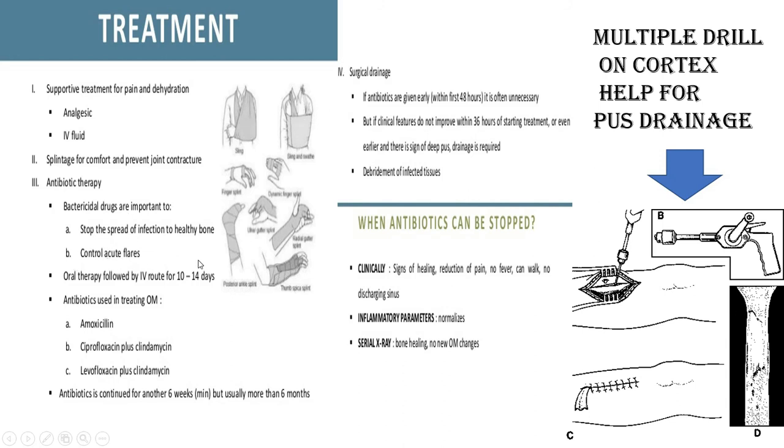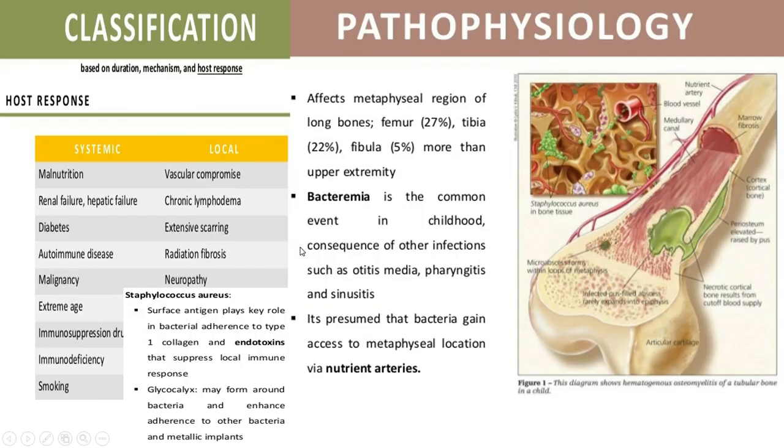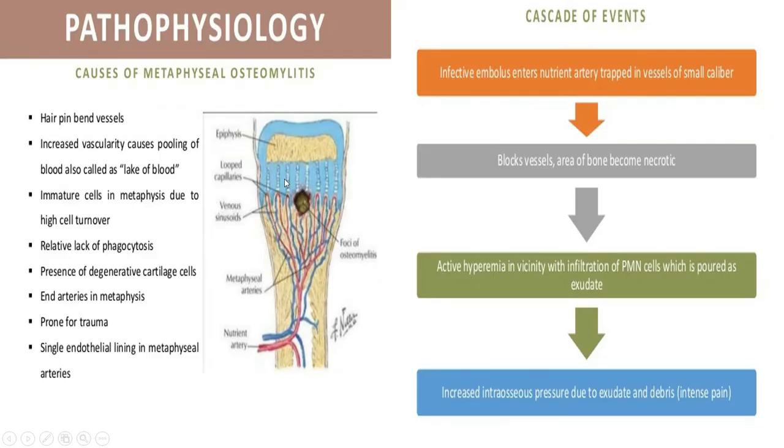And for surgical debridement, we will open this area and remove the pus, and after that you have to do multiple drilling of that bone, as I already told, because the pus will be in the deeper part of the metaphyseal region.